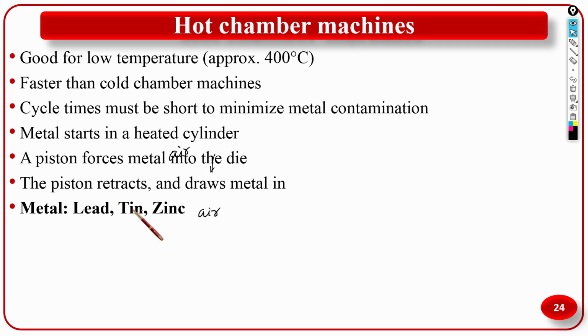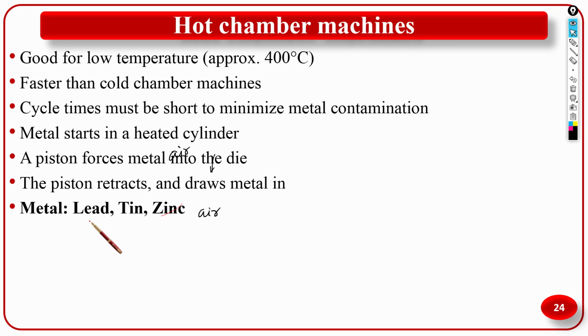So what are those metals? Lead, tin and zinc, which have very low melting points, maybe less than 100 degrees Celsius. Okay, so good for low temperature. It is written 400, but they have a much lower melting temperature; obviously pouring temperature will be much higher, maybe 200 or 300.